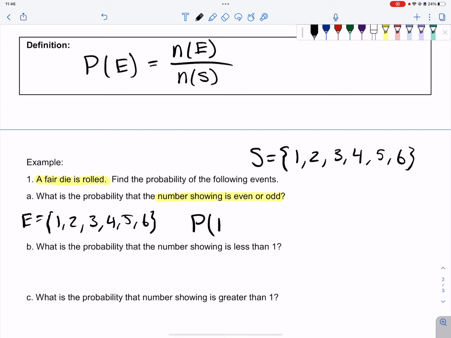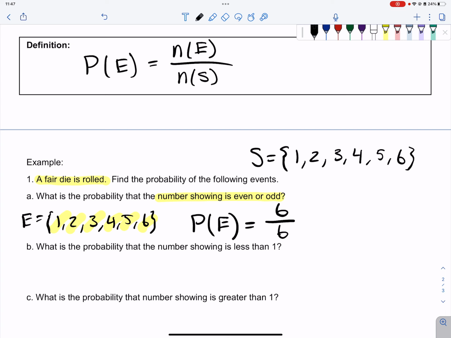So now my probability of this event happening, well, how many elements do we have in our event? We have 1, 2, 3, 4, 5, 6 different elements in there. So it's 6 divided by how many things are in the sample space. Well, we can count that up. We have 1, 2, 3, 4, 5, 6 different options in the sample space.